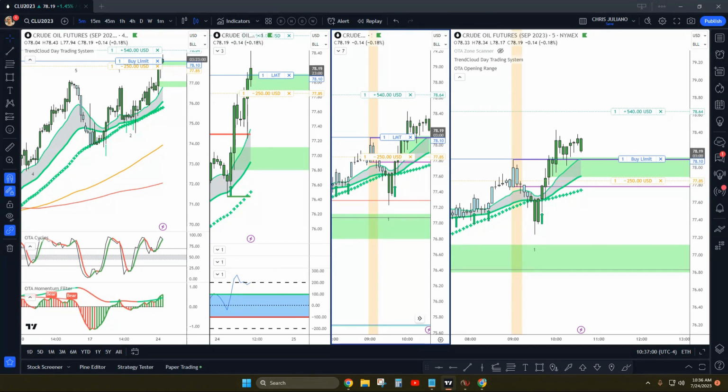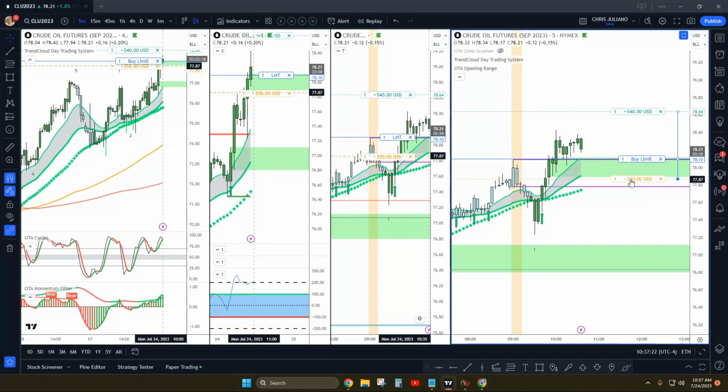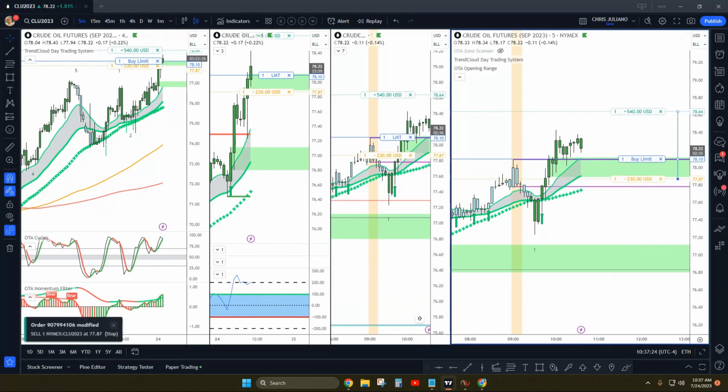Pulling back on that opening range. Let me go over to NinjaTrader here. Getting that second chance on Ninja. Cycling up, pulling back. 5-minute chart. Yeah. That's a good trade. That's a good trade right there.